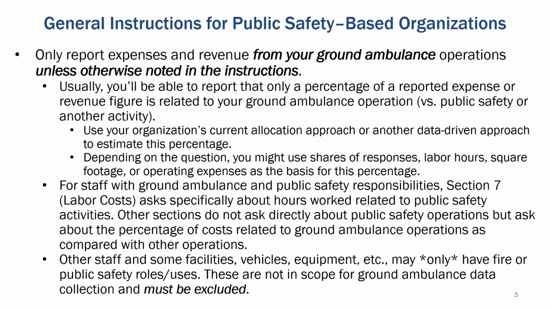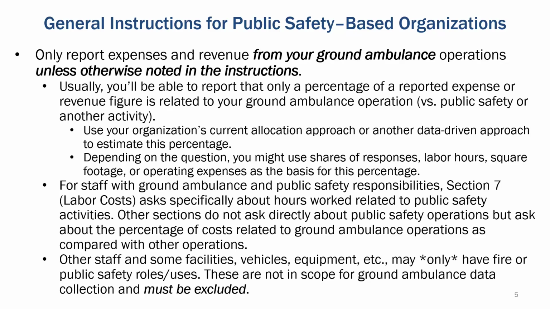One general instruction, a tip that applies across all of the GADCS, is that you need to report information in such a way that CMS can differentiate between expenses or revenue or utilization from your ground ambulance operation versus any other kind of public safety or other operations that you have.